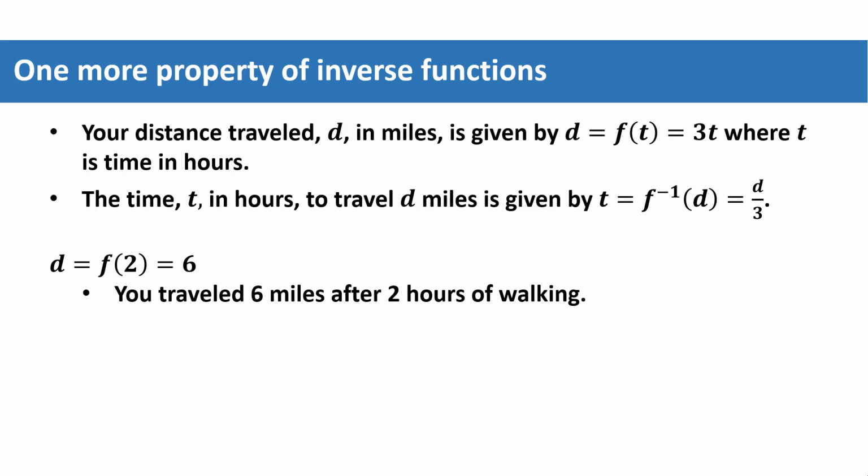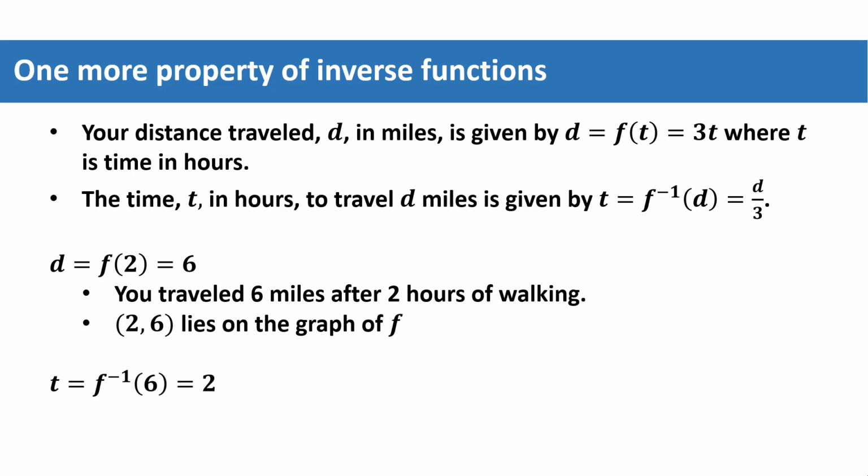The fact that f of 2 equals 6 also implies that the point (2, 6) lies on the graph of f. So now suppose we want to find the time it takes for you to walk 6 miles. Then we would use the inverse function and compute t equals f inverse of 6 and see that f inverse of 6 equals 2, meaning it takes you 2 hours to walk 6 miles.